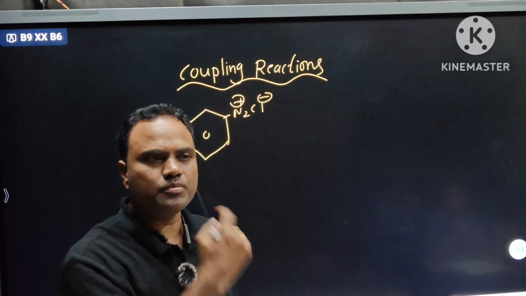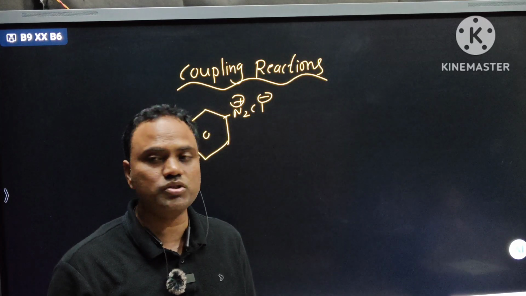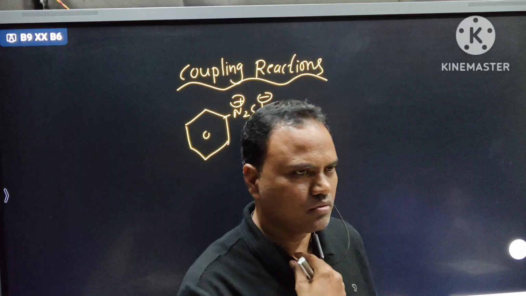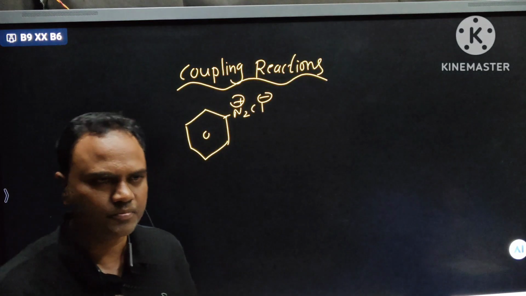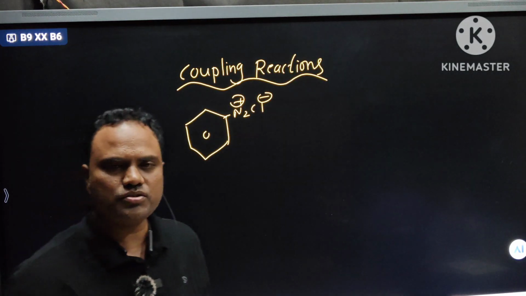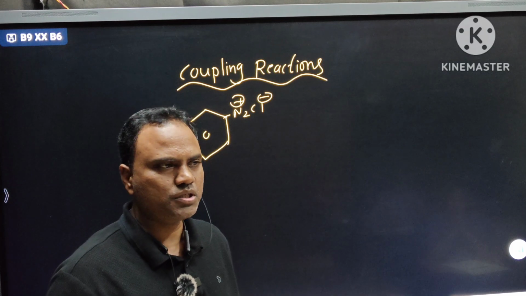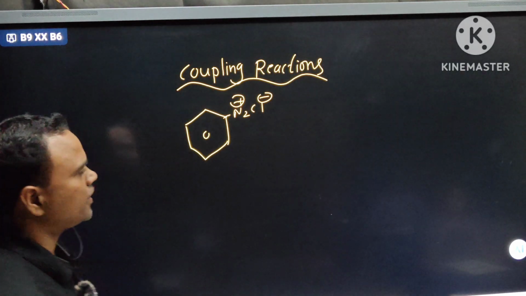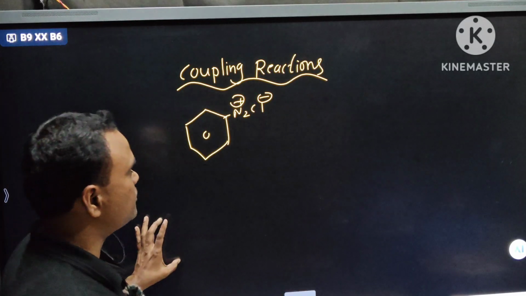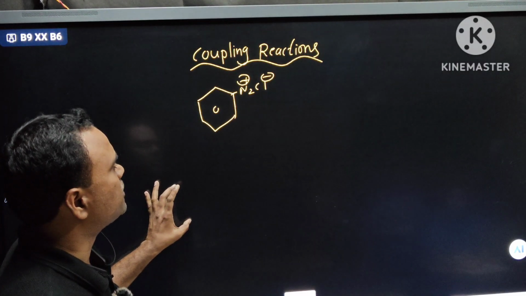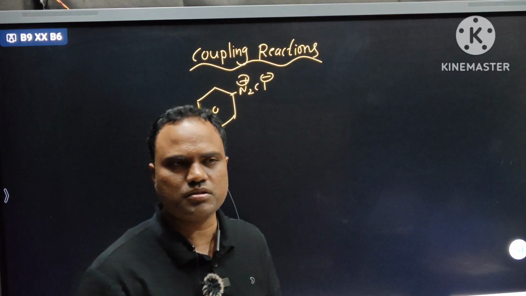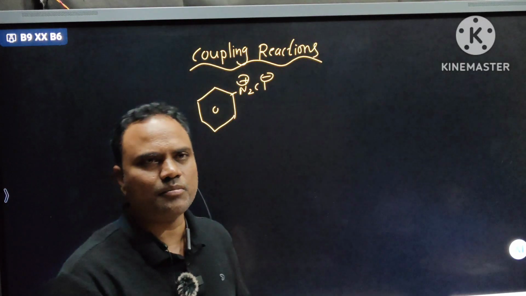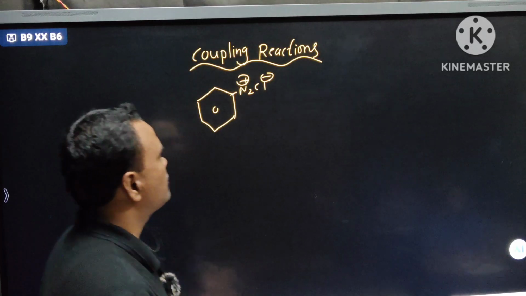Benzene diazonium chloride couples with phenol and aniline to produce azo compounds, colored compounds. So we know hair dyes, and for the Holi festival we use dyes that are prepared by this reaction only. Azo dyes are colored compounds. Azo dyes, hair dyes, dyes used in the Holi festival, or some other colors are prepared by this coupling reaction only. Coupling means attaching with some other molecule, right? Okay, let's see.